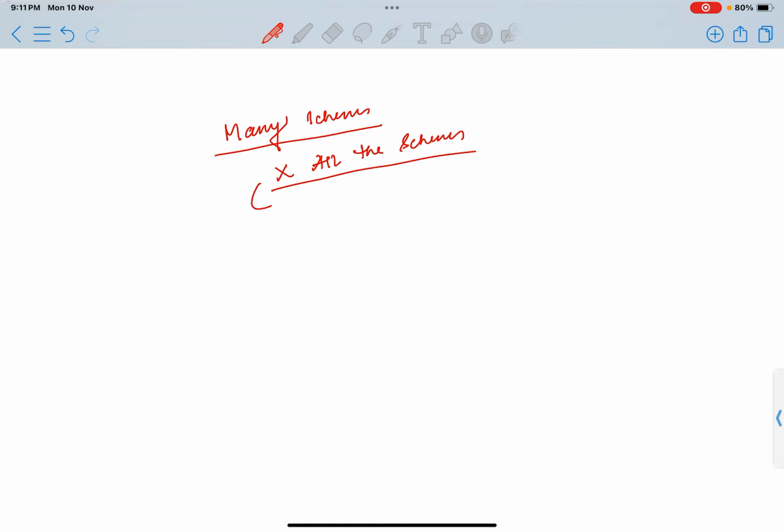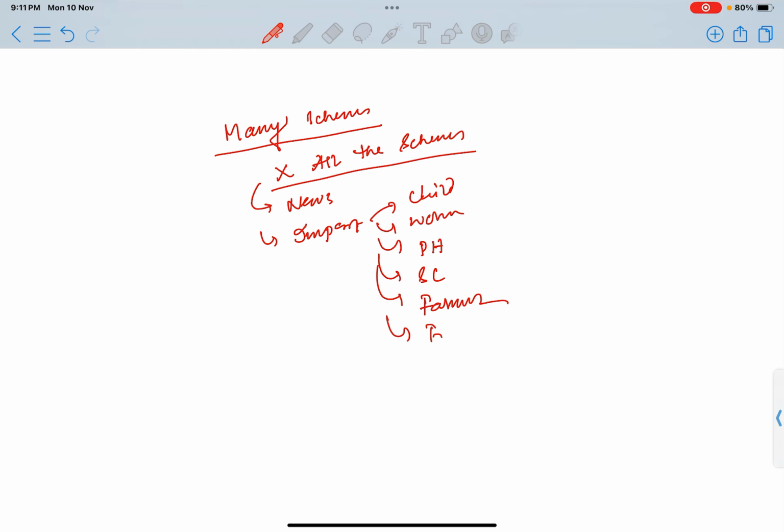So we have to prioritize according to the schemes which are in the news, and those important ones related to children, women, the physically handicapped, senior citizens, then farmers, tribals, marginalized sections, minorities, etc. These are important, we cannot miss them.